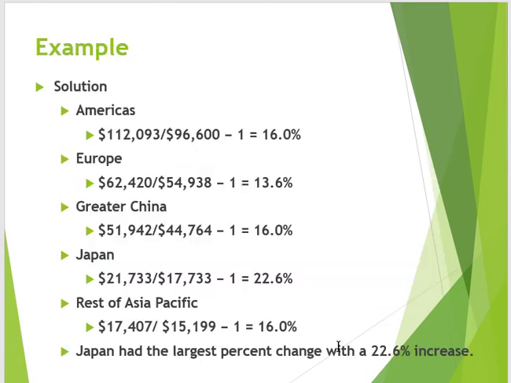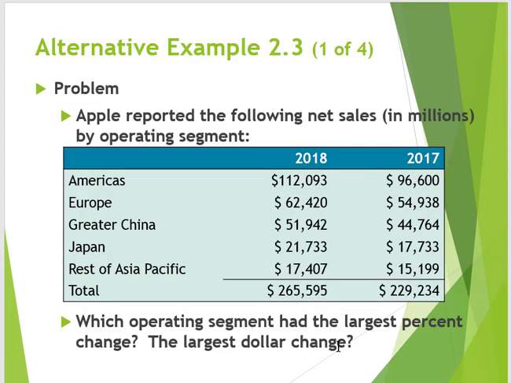So let's think about this. What about percent change? I'm going to flip back and forth here, at least for a couple of these. In the Americas, in 2018, we had $112,000 here. This is in millions.